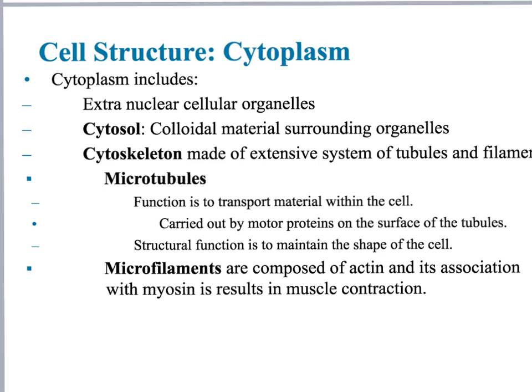A collection of cells is a tissue, and a collection of tissues is an organ, and a collection of organs is an organ system. So your muscles are an organ, and the myofilaments, right down to the microscopic level of the cell, are composed of actin, and when they associate with myosin, together, you get a muscle contraction. That is one example of where they're related.